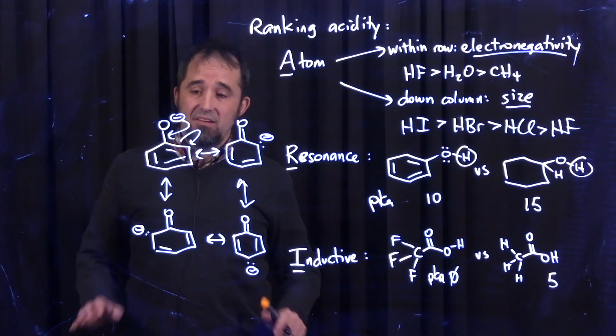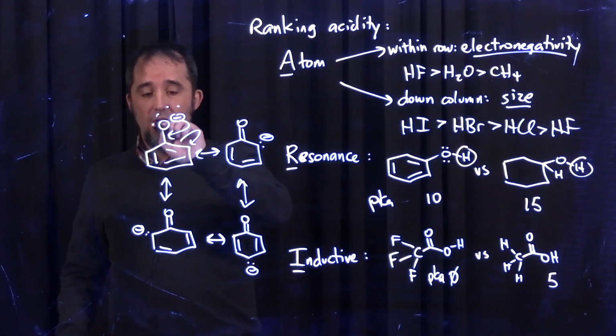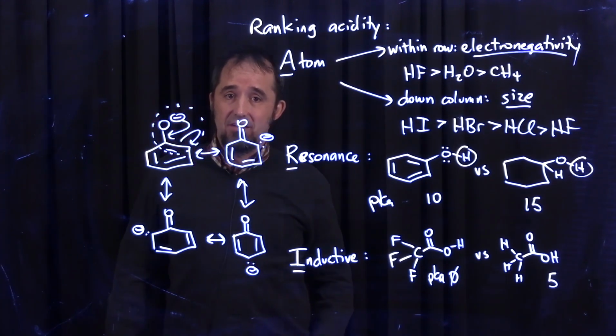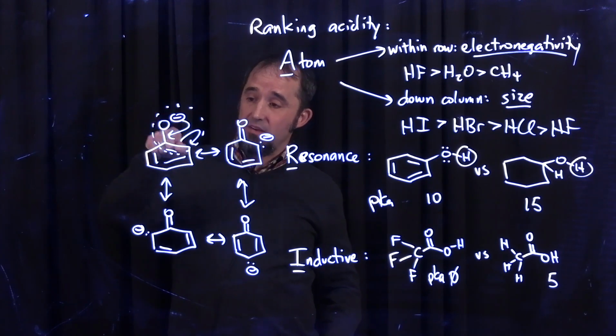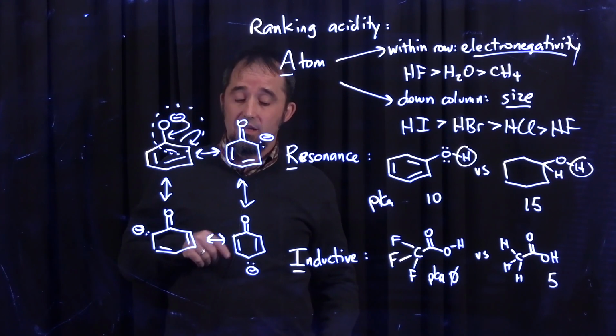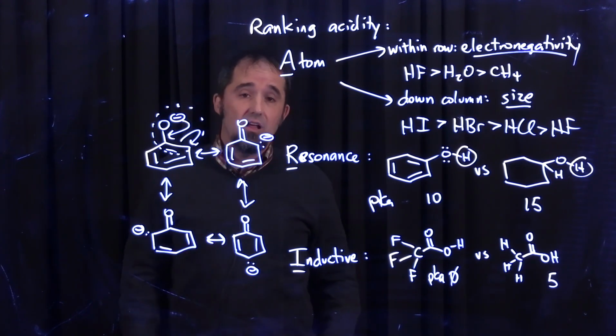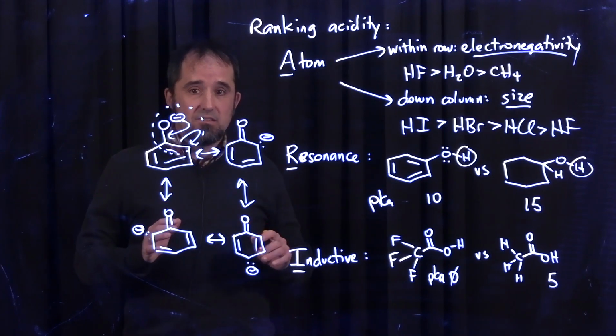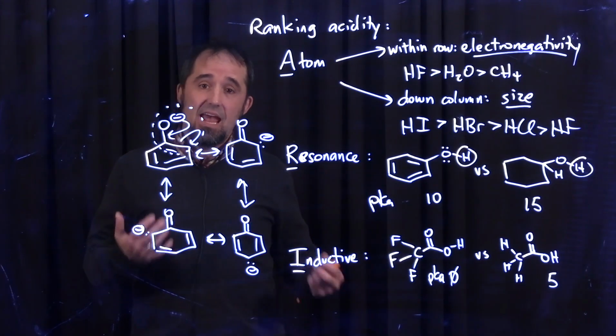What I mean by that is I can think about resonance between that negative charge in the conjugate base, or lone pair, however you want to think about it, as next to a pi bond. So I can spread that charge out into the ring in every other position. We saw this in class the other day. And so this is going to stabilize the anion.